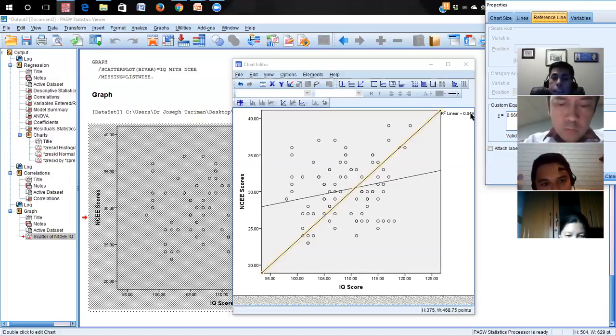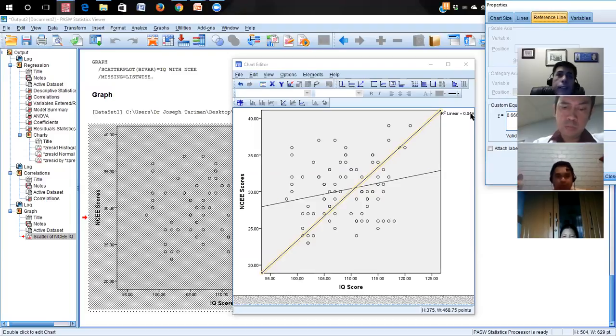This is just simple linear regression where we plug in one independent variable. Income could be a predictive variable that you could plug in.